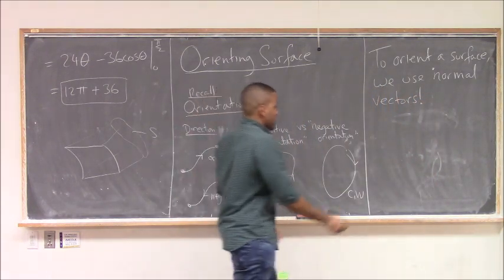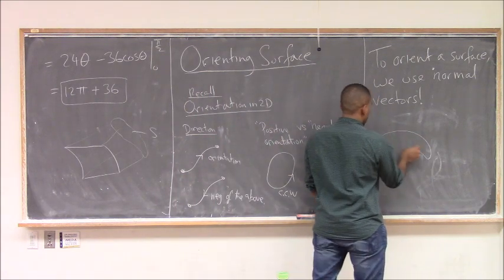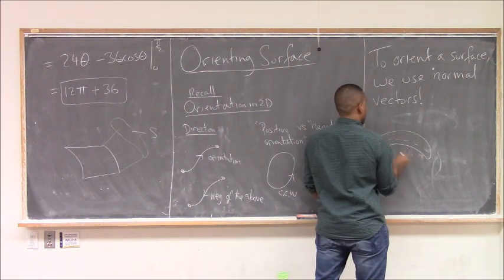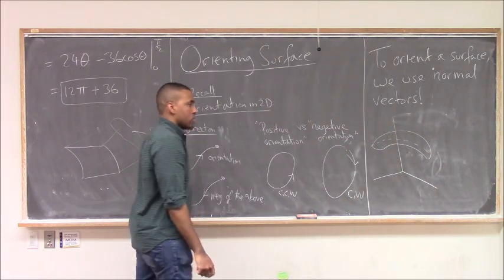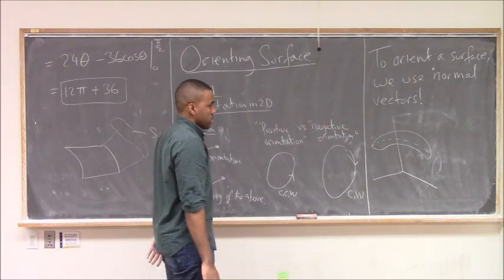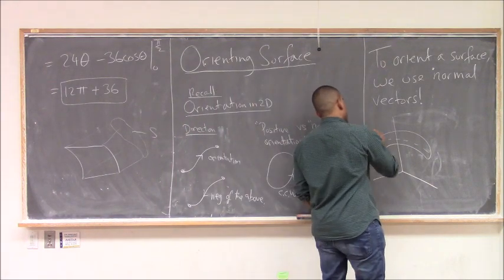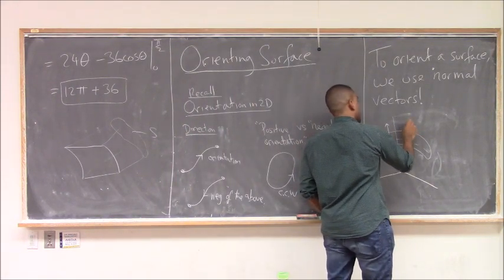For example, I can have this flat sheet hovering in space, and I can use a formula to get the normals such that they all point up.